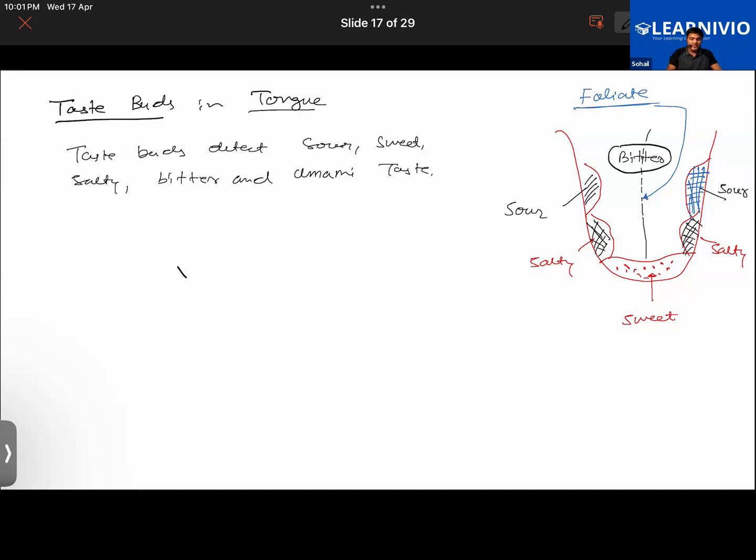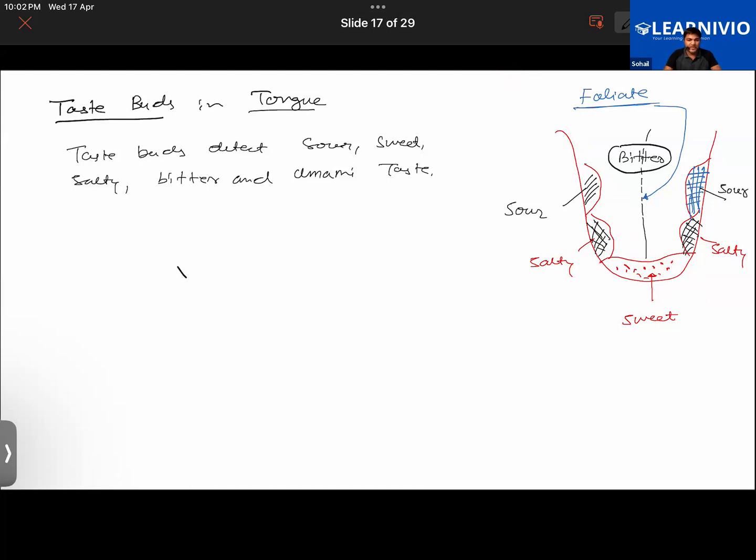Something similar happens here: the nerve cells present over this region of the tongue get the information from eating sugary substances. This information is sent down to the brain, and the brain interprets its taste.